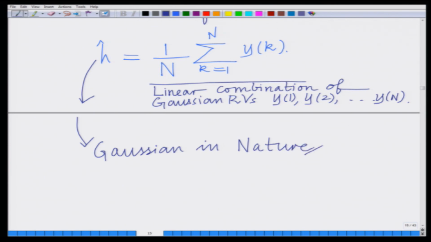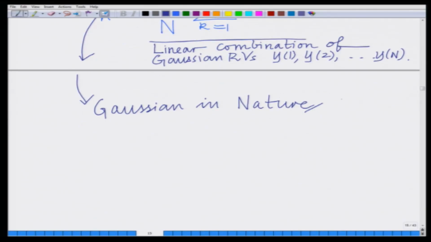So, the first thing that we have established is that the maximum likelihood estimate h hat is a random variable, and in fact a Gaussian random variable, since it is a linear combination of Gaussian random variables.